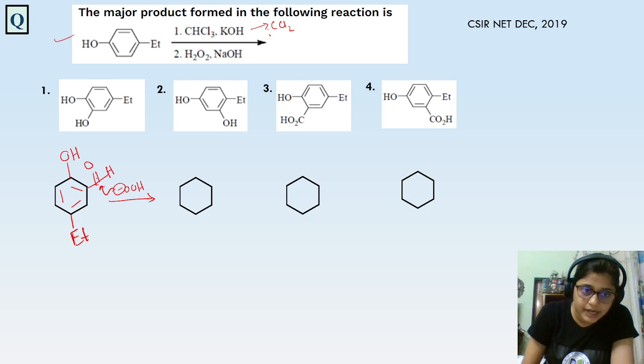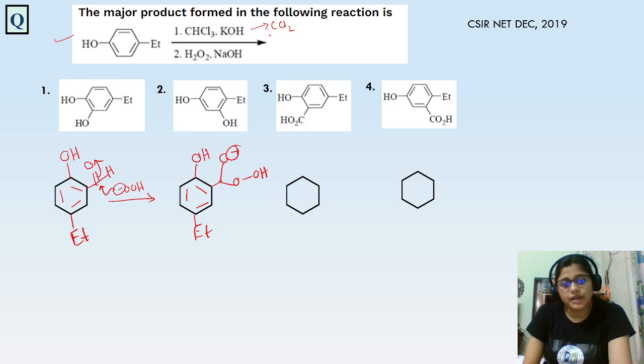This will attack the carbonyl center. This will be O negative, and OOH, correct? And here all the things are there in the ring, right?